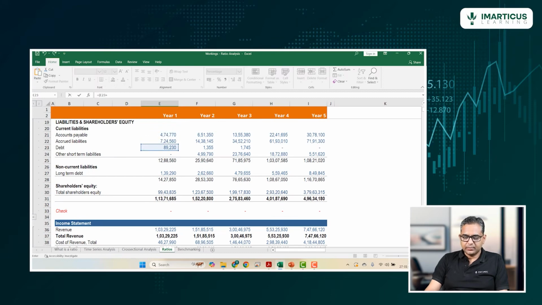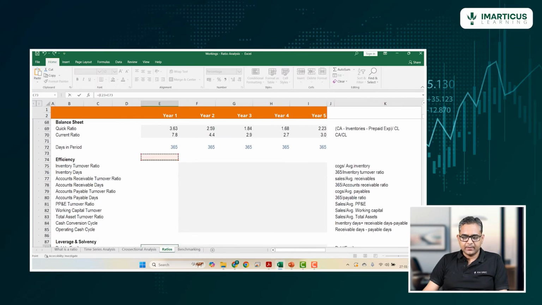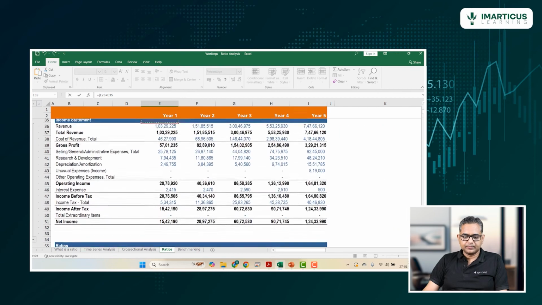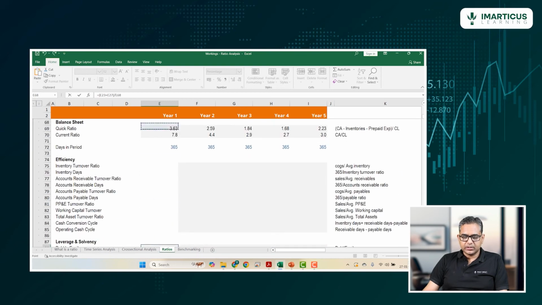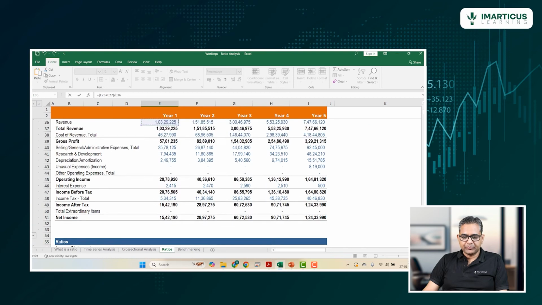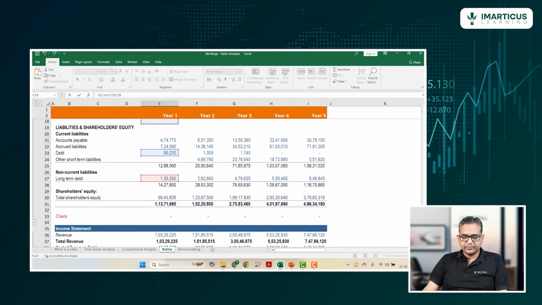This is our short-term debt plus this is the long-term debt. Short-term debt plus long-term debt divided by total shareholders' equity will give us the debt to equity ratio.